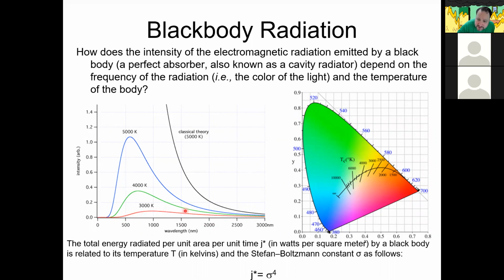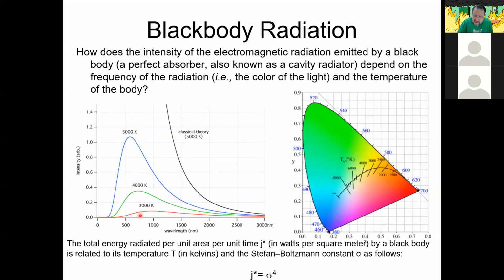And so people made this measurement and observation back in the 1800s, where if I get this thing hotter, it's going to glow kind of red hot, and then it's going to go yellow hot, and then it's going to look white hot, because you're starting to get all kinds of photons from a range of wavelengths that you can see.